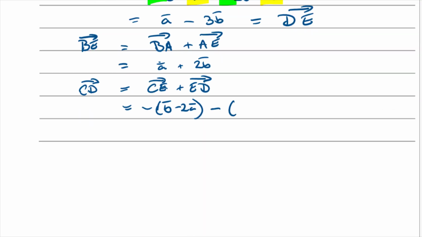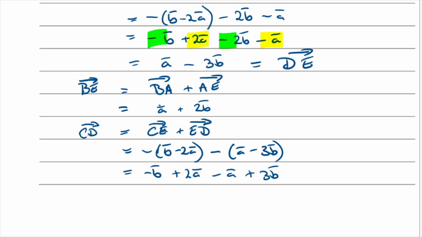Okay, and then we're dealing with all those negative signs. Minus B is just minus B. Minus negative 2A, that's plus 2A. Minus A is minus A. And minus minus 3B is plus 3B. Okay, now again, collecting up like terms.